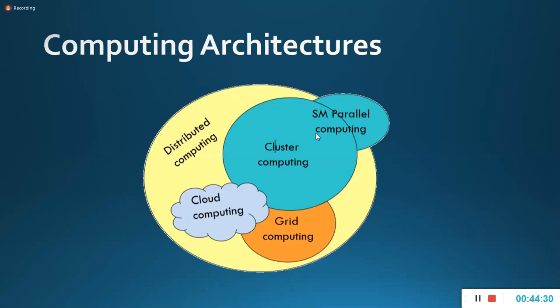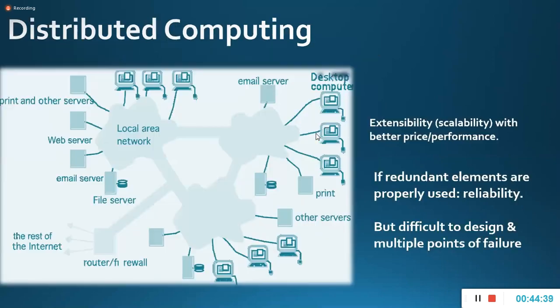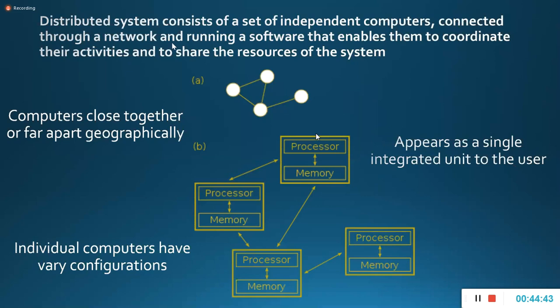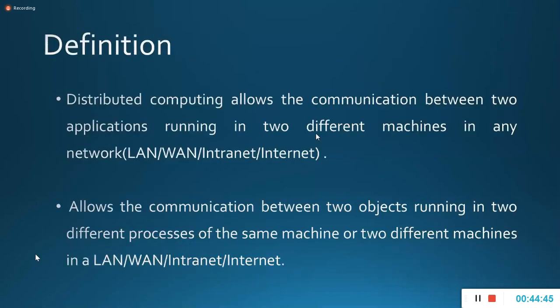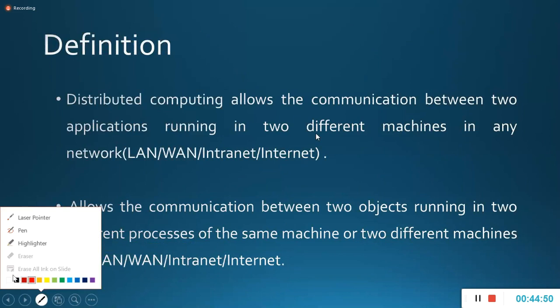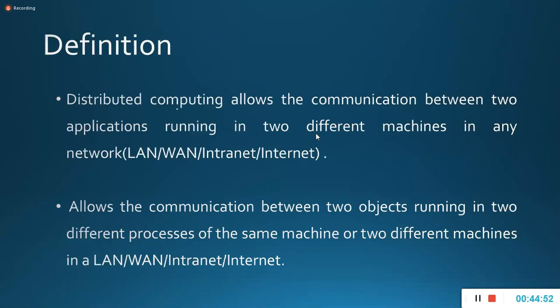Distributed computing architecture allows communication between two applications running on different machines in a network to share information.